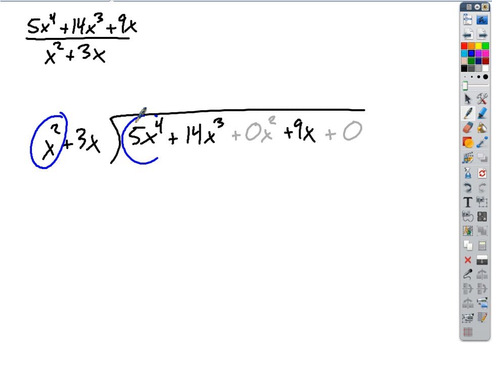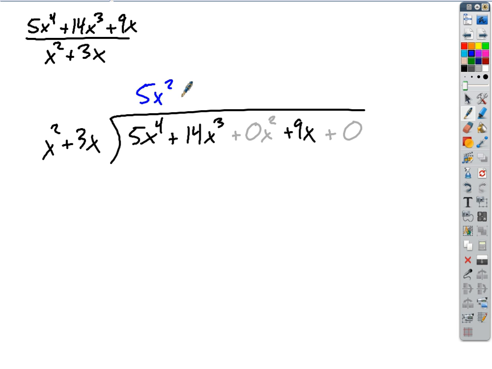Now, there's two parts to this. There's a number part and a power of x part. A better way to think about this is to ask yourself, x squared times what is 5x to the fourth? 5x squared. 5x squared, okay. So that's our first part of the answer.